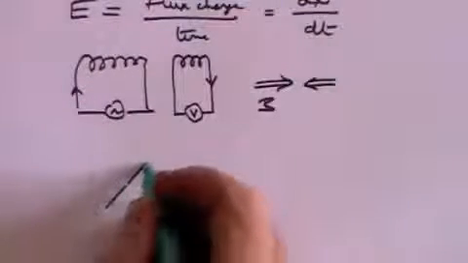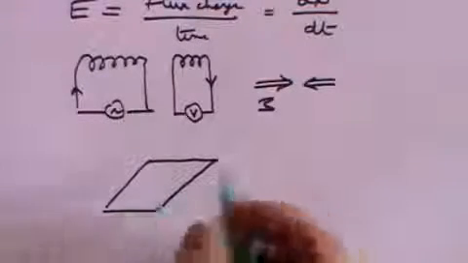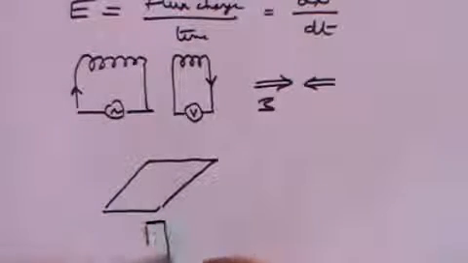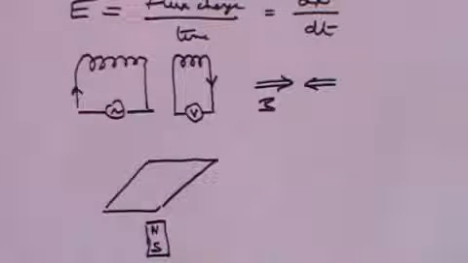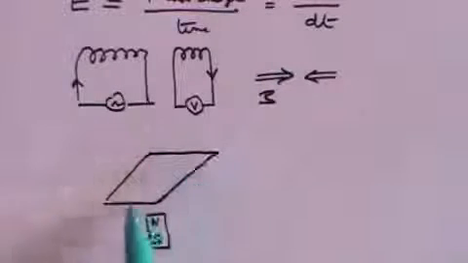Let's take a single coil of wire which will make rectangular in shape, and underneath it we have a magnet, north-south. If we just leave that magnet there, no current flows in this loop because there is no changing magnetic field.